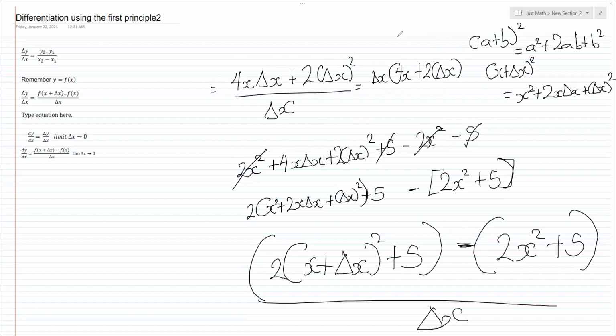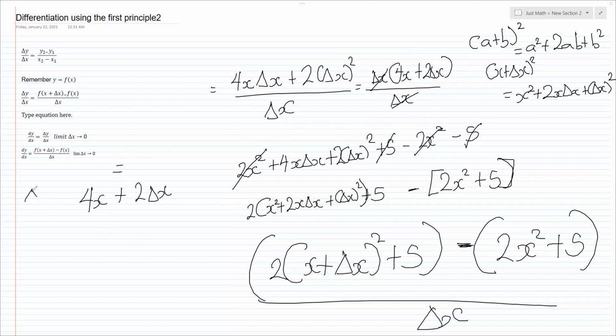We don't have to put the bracket here. Then 2 delta x squared over delta x, and delta x divided by delta x. We're left with 4x plus 2 delta x.